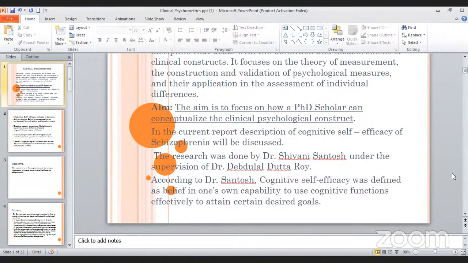Is it somewhere along the lines of judgments or capabilities of an individual?